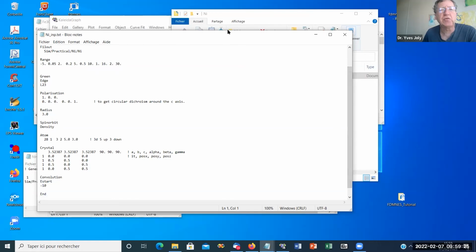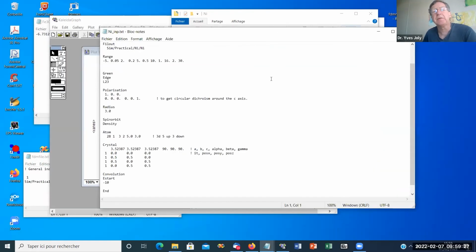In fact, to say to the atom that it's magnetic, you have a specific keyword to give. You have to define the fact that you do not have the same number of up and down electrons. In that case, I take nickel, which is 3d8, and with the keyword atom, I can define 28 for nickel.